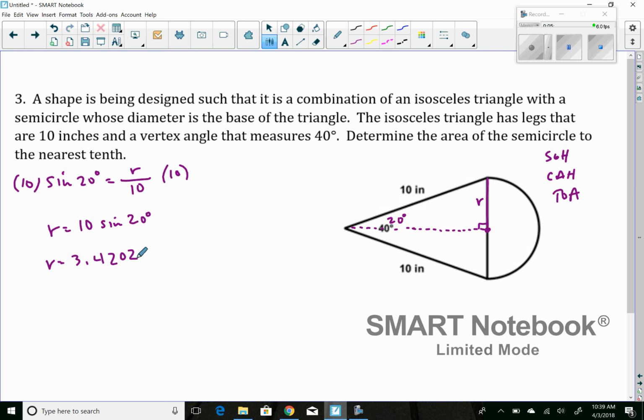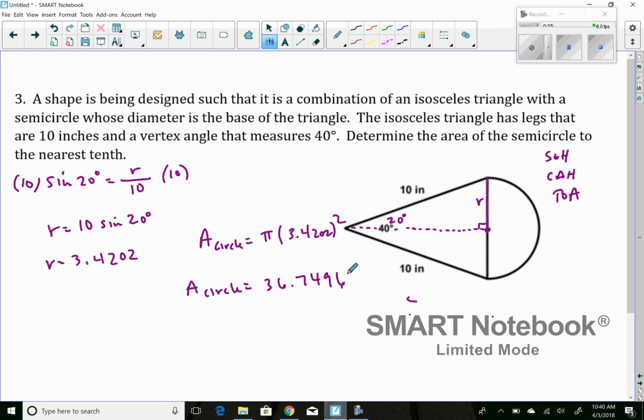Then it says to find the area of a semicircle to the nearest tenth. So the area of the full circle is equal to pi times this radius that we just found, squared. If I find the area of the circle, it's going to be pi times this 3.4202 squared, which is 36.7496.